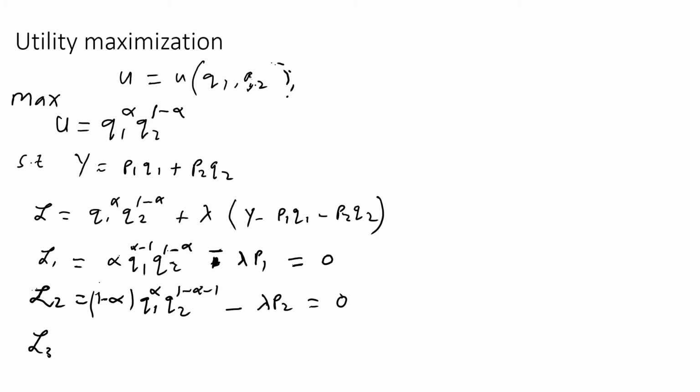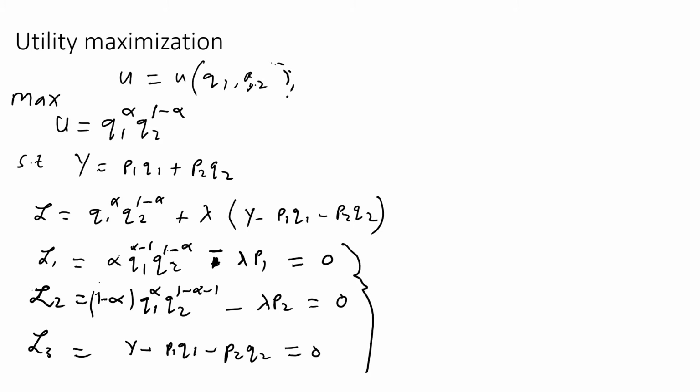Finally, our third partial derivative is y minus p1 q1 minus p2 q2 equal to 0.